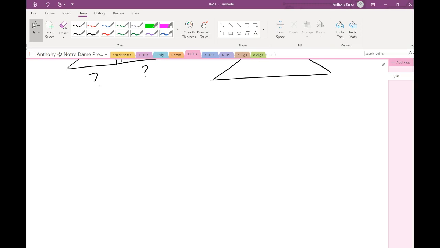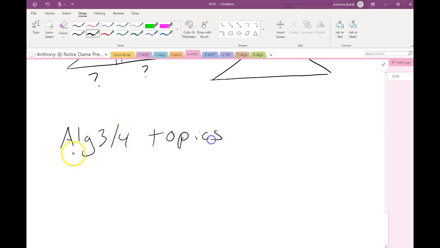There's a bit of algebra, 3-4 topics that will also be important. Most of these have to do with what a function is, or functions themselves in general.